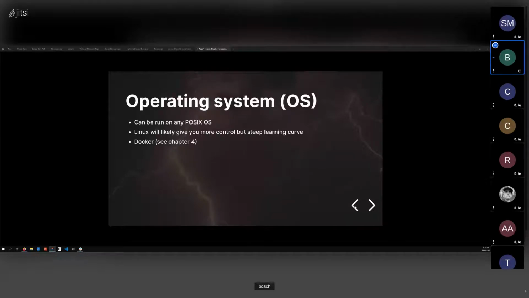Linux would ideally give you more control over your Lightning Network node, but it will work fine on Windows or Mac. You can run Linux-based shells in both of those operating systems, so it's not too much different. And as well, you can use Docker, which we covered last week when we went through chapter 4 and spun up a Bitcoin and Lightning Network node.